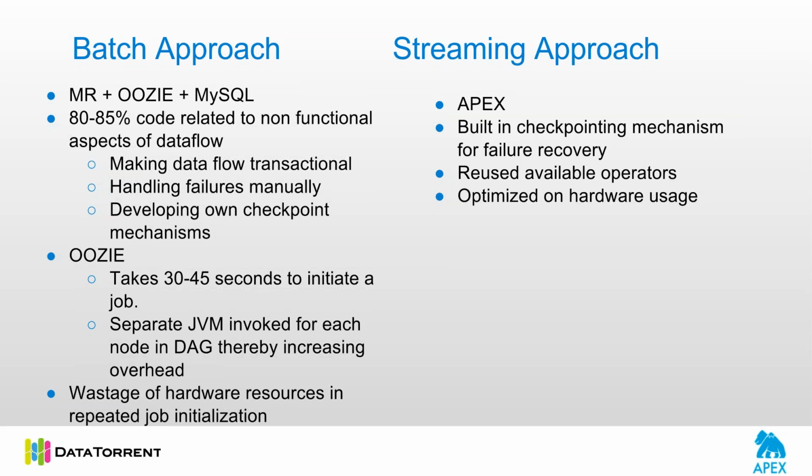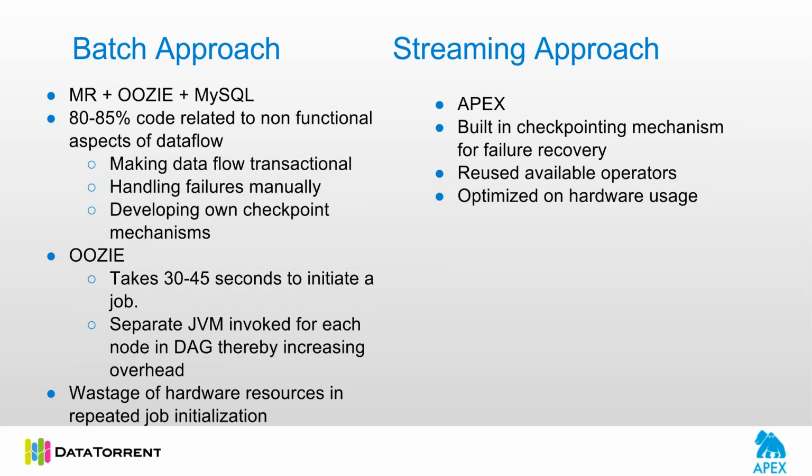Another disadvantage of the batch approach was the time taken by an Oozie job to initiate. For each job, it used to take around 30 to 45 seconds, and because of the SLA, if you spend 30 to 45 seconds just to initiate a job, you are losing a lot of time.